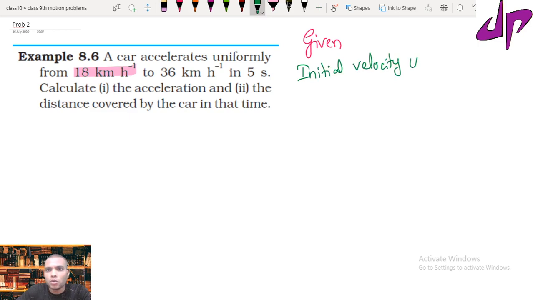We are mentioning u equal to 18 kilometer per hour, but we will convert that in terms of meter per second by taking 1 kilometer per hour equal to 5 by 18 meter per second.